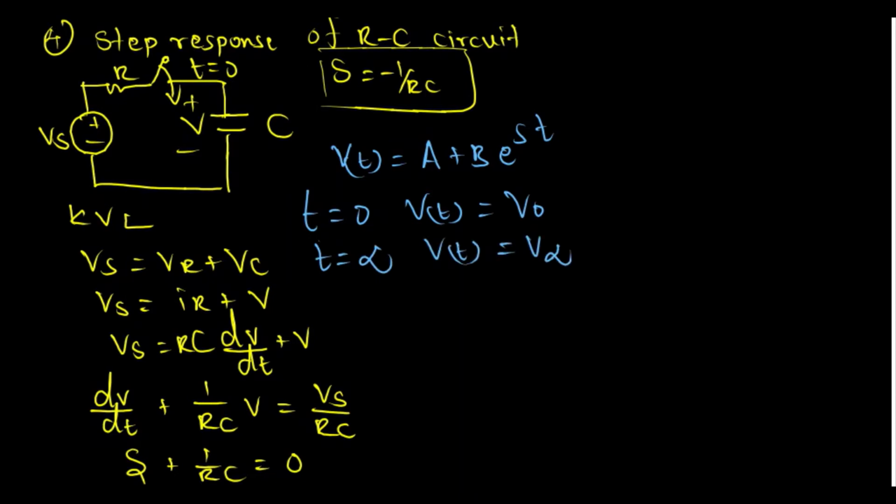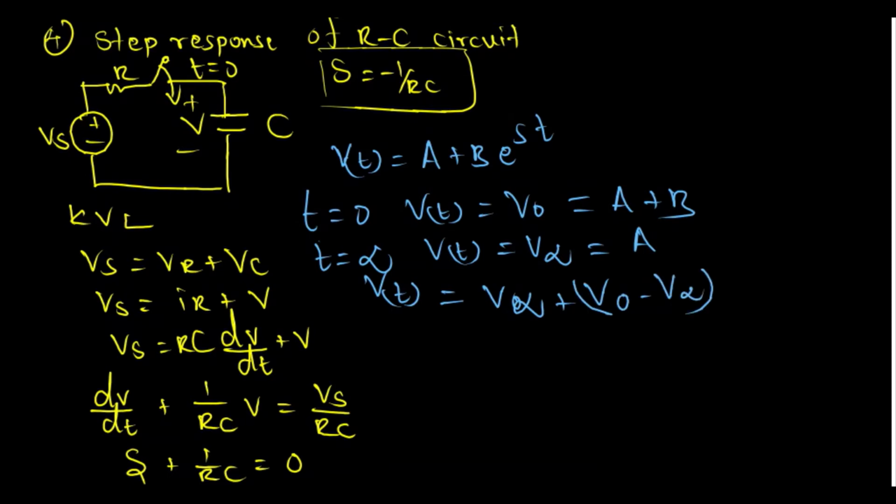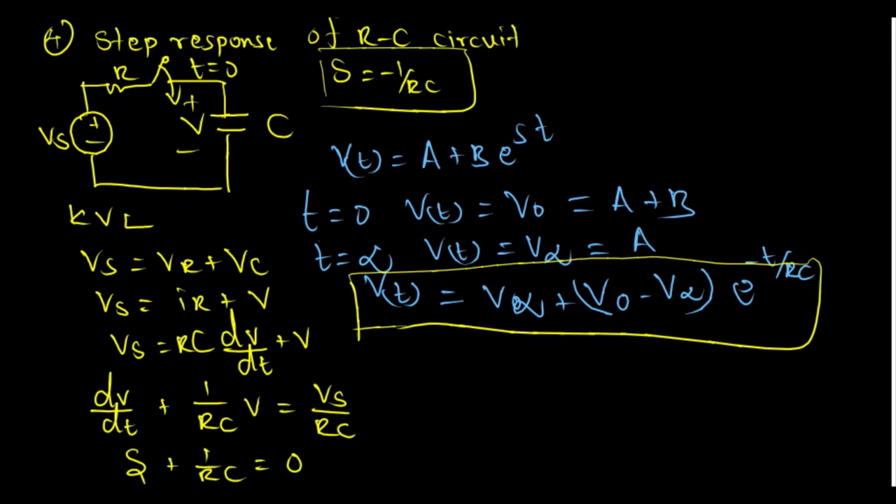So V naught is equal to A plus B, and V infinity is equal to A. So V(t) is V infinity plus (V naught minus V infinity) into e to the power minus t over RC. That's a minus over here. So this is the answer for V(t), the step response of an RC circuit.